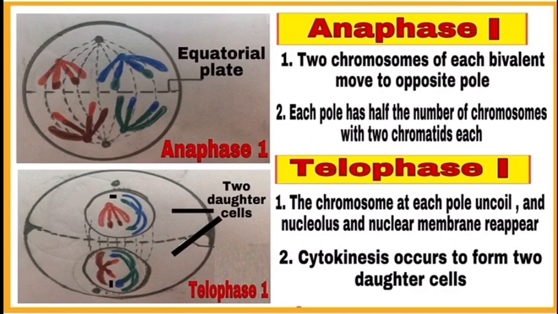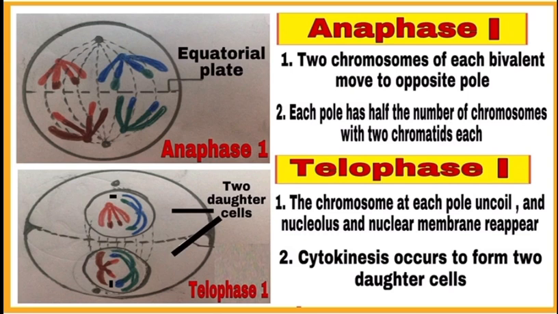Anaphase I, see the diagram. 2 chromosomes of each bivalent move to opposite pole and each pole has half the number of chromosomes with 2 chromatids each. Homologous chromosome separation happens in anaphase I stage.